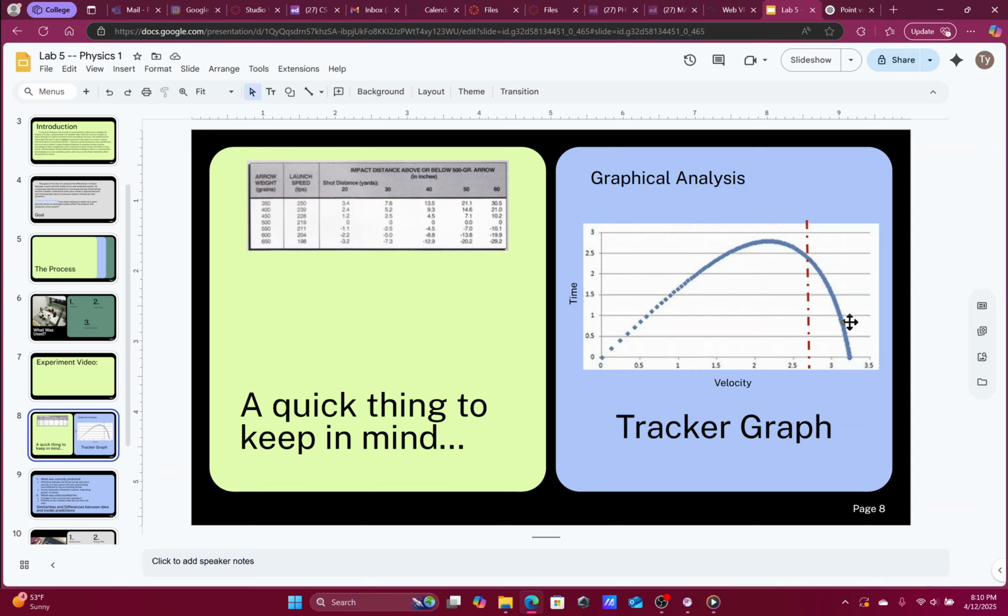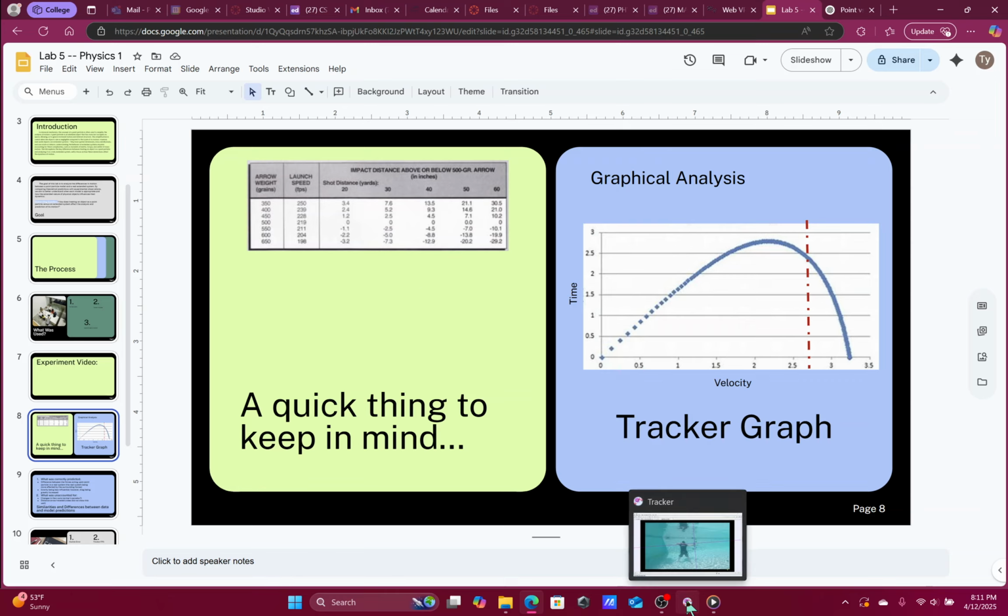I just added this so you could see how quickly it slowed down due to the drag of the water. Just a quick thing to keep in mind is that there are many types of arrows, and they have different speeds at which they are launched in the water. So this graph can change drastically just by a 50 grain arrow difference.